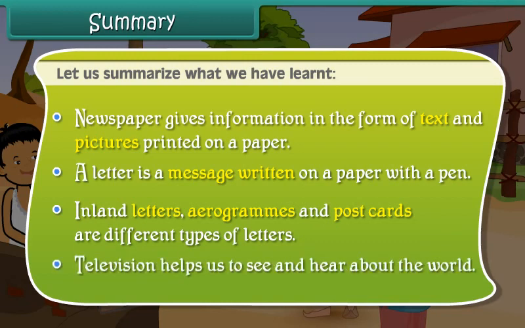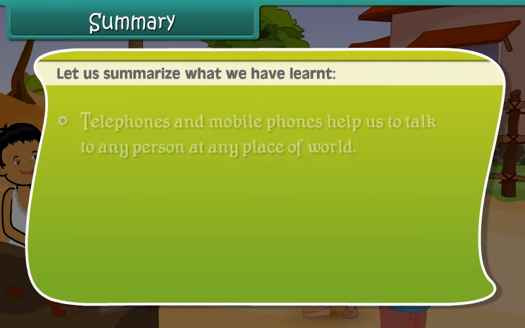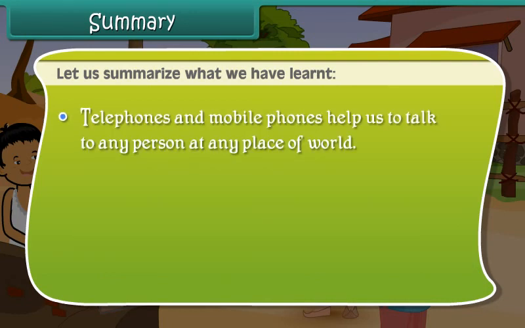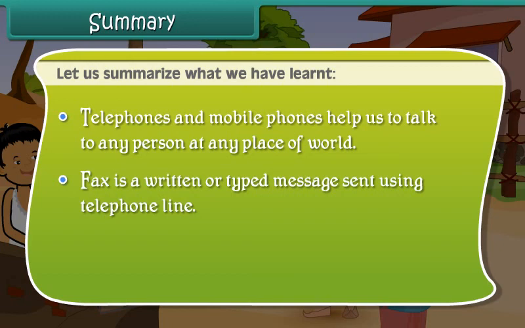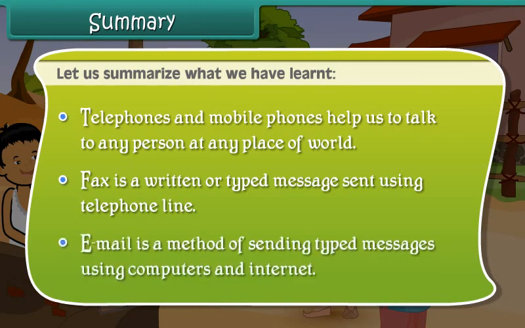Television helps us to see and hear about the world's happenings. Telephones and mobile phones help us talk to any person at any place in the world. Facsimile or fax is a written or typed message sent using a telephone line. Email is a method of sending typed messages using computers and internet.